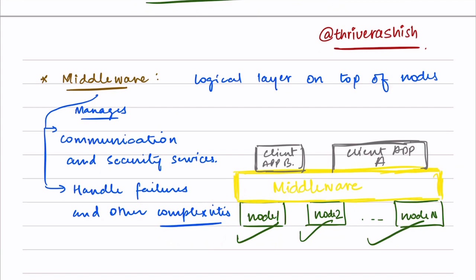So there is a logical layer here, which I have drawn, and this is called middleware. The client application will request the middleware, and the middleware knows where to place that request and how the synchronization and communication will happen. It manages all the communication, and even the security services, like authentication and authorization into the system. It also handles failures and other complexities. So this logical layer is called middleware in the system.